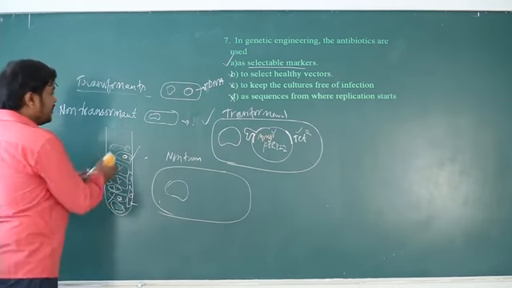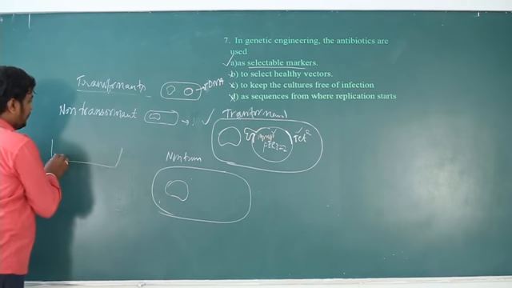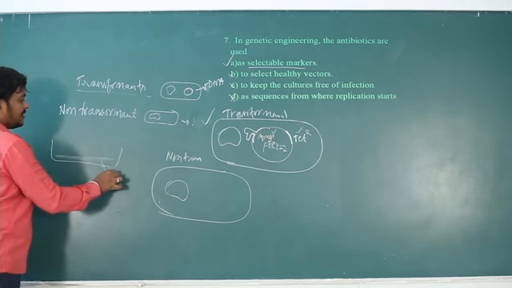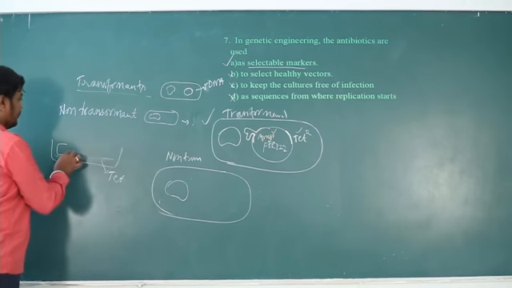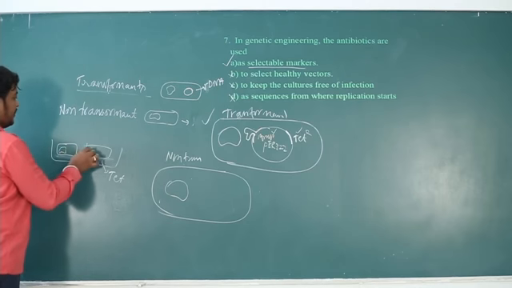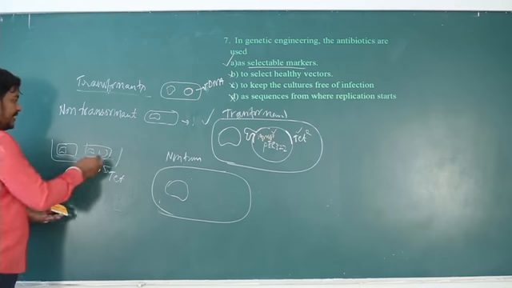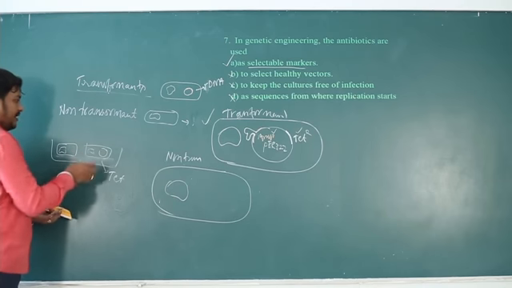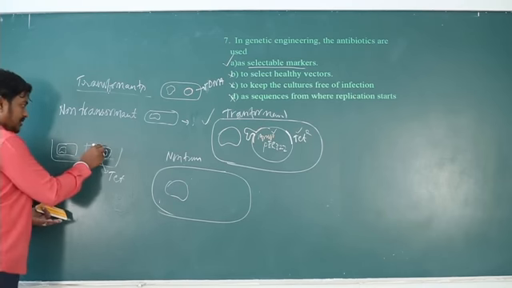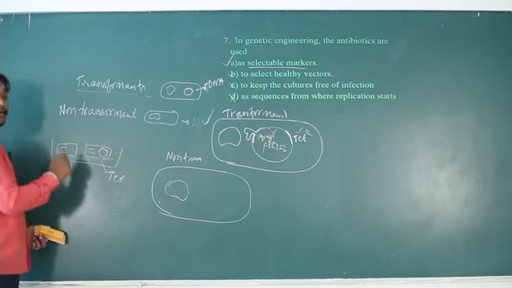So what do we do? We are going to grow these bacteria in a media which contains tetracycline. If both the bacteria are put into tetracycline containing media, the one which has taken up the desired DNA, that is the rDNA, is the transformant, and this is the non-transformant.